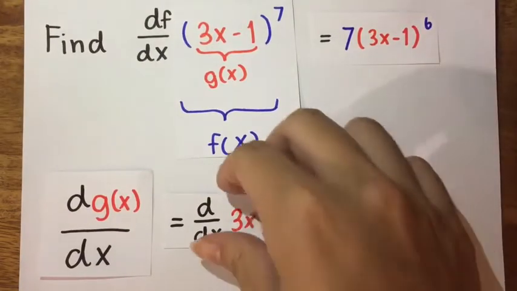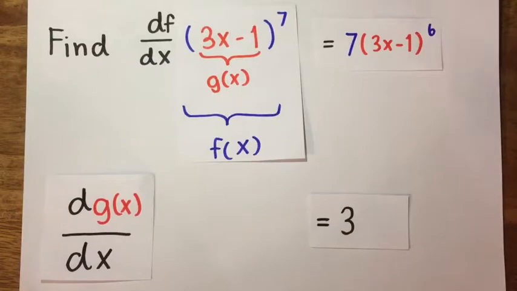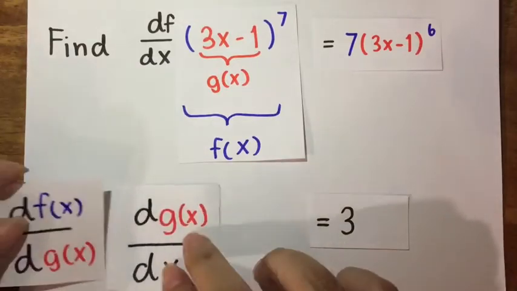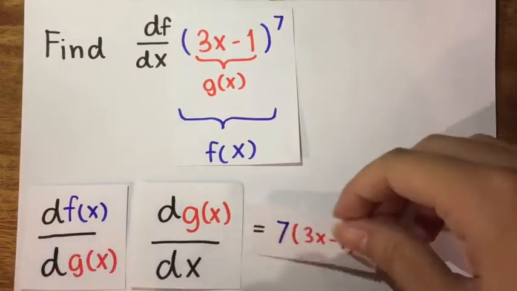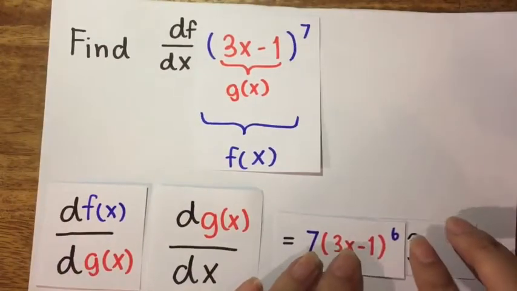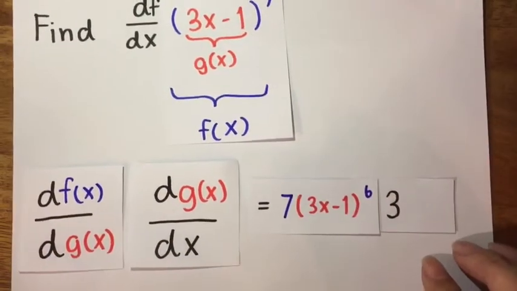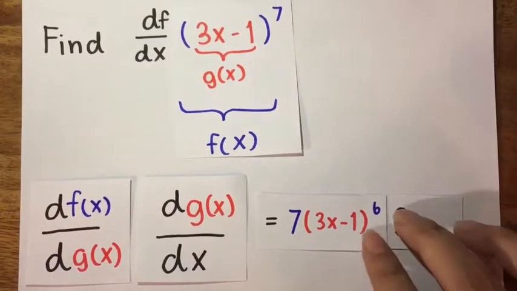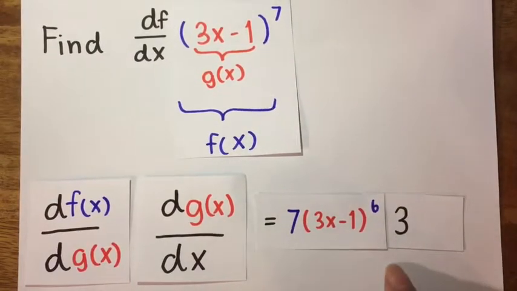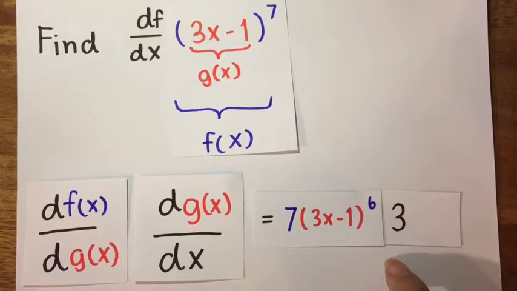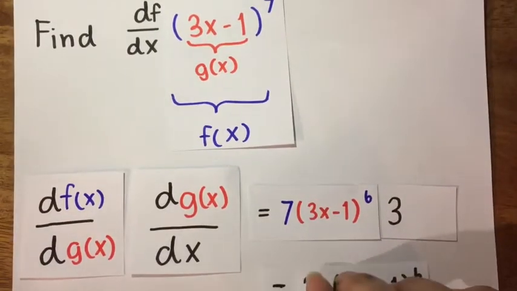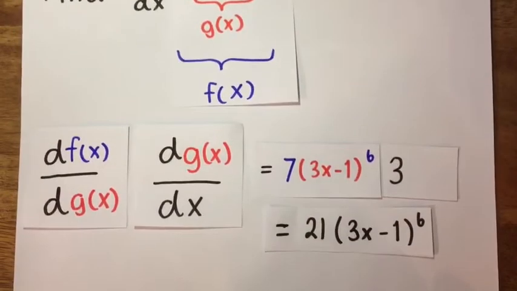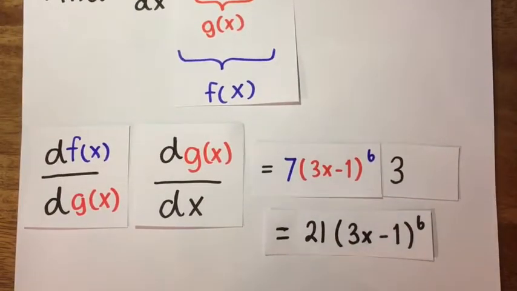So in chain rule, these two times each other will give you this, right? This is your answer. Or if you want to simplify this even further, you can times 3 to 7 and it will give you 21.